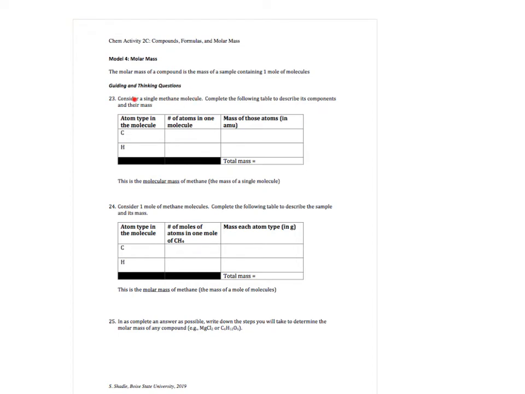So remember we were talking about methane earlier, CH4. We know that in 1 molecule, we have 1 carbon atom and 4 hydrogen atoms. We also know from the periodic table that 1 carbon atom is 12 AMU, and each hydrogen is 1.008.